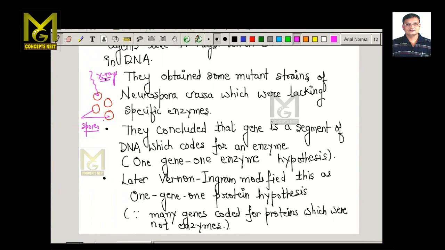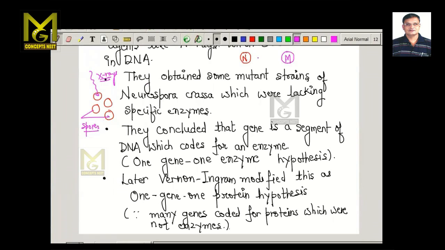What do you mean by mutant strains? That means if we look at two spores, we can call this a normal spore and we can call this a mutant spore.